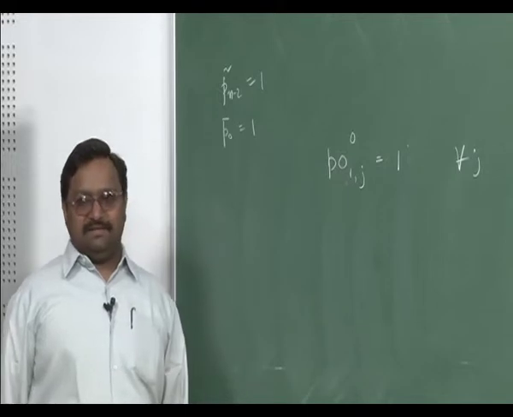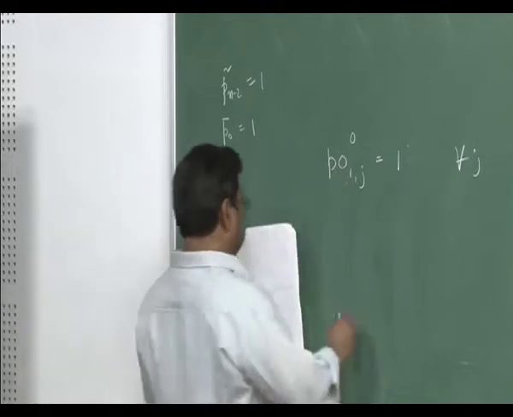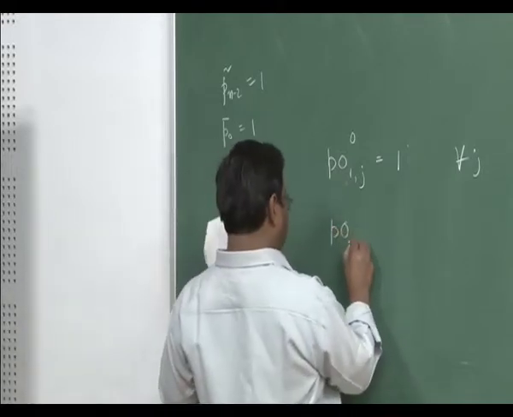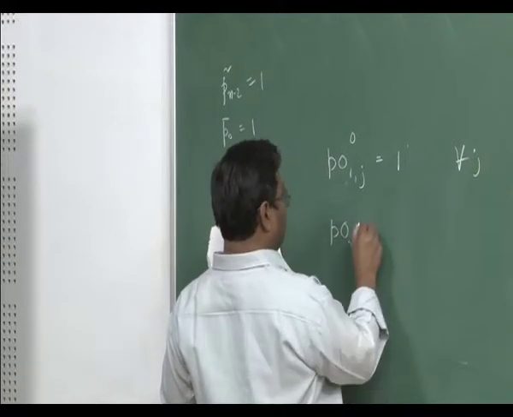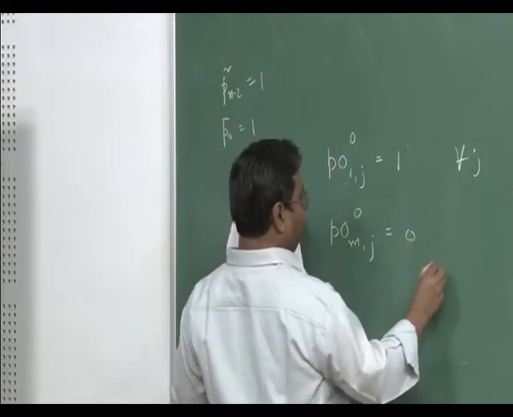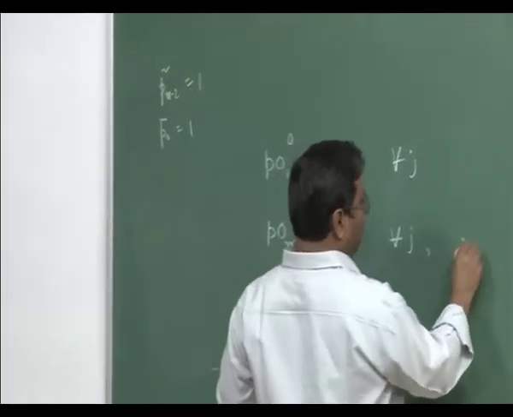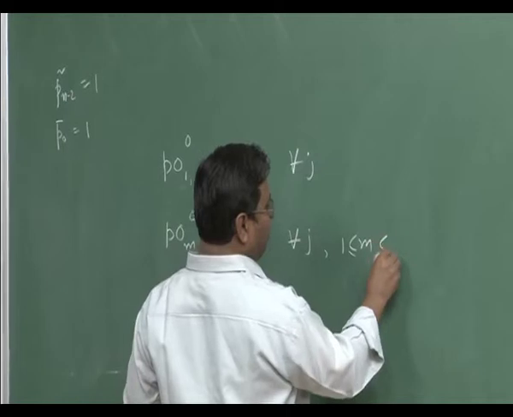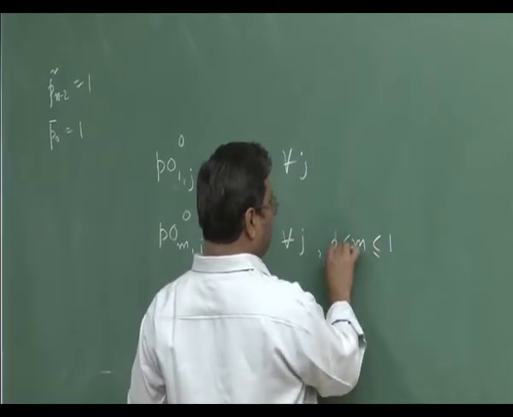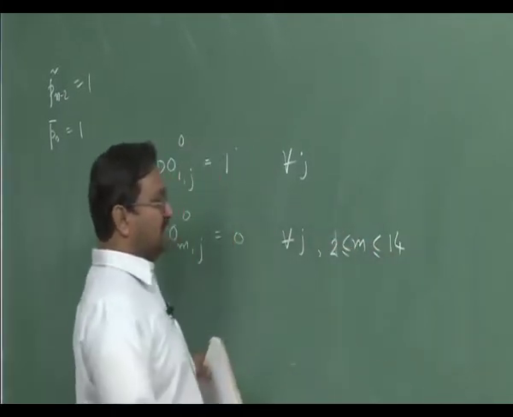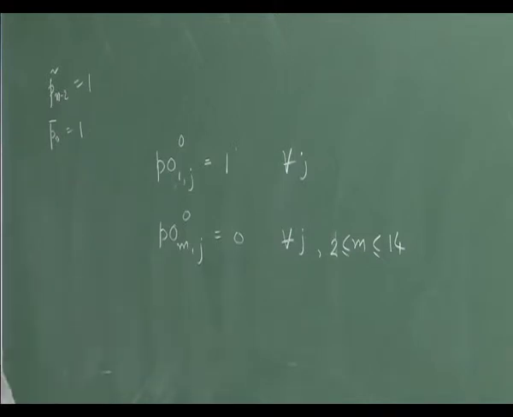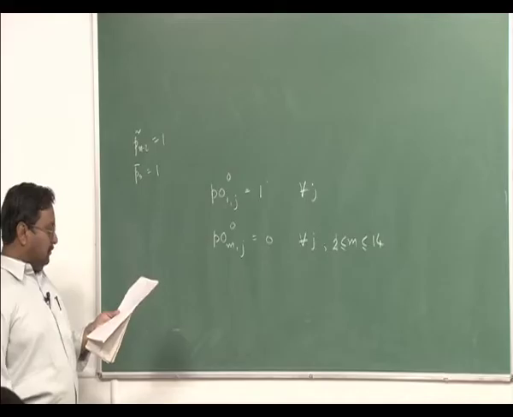There is no packet in the system. For all j, and m greater than or equal to 1, greater than or equal to 2, and less than or equal to 14. That is the initial condition.